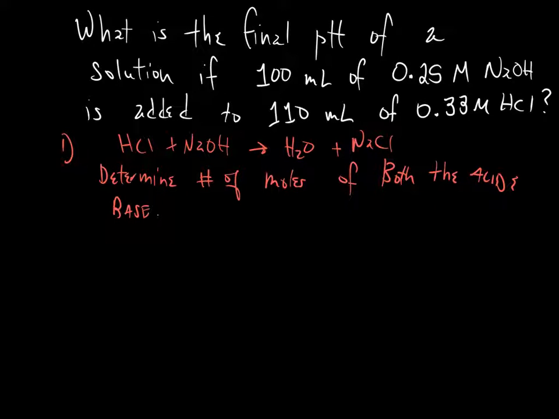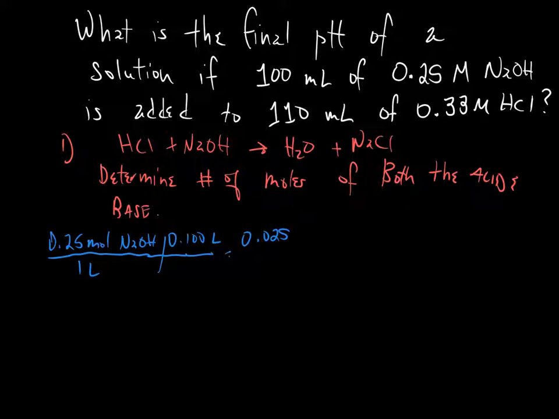To do that, you are given 0.25 moles of NaOH for every 1 liter, so that's what molarity is. And I just multiply that by 0.100 liters, because that's what 100 milliliters is. So that's 0.025 moles of NaOH.